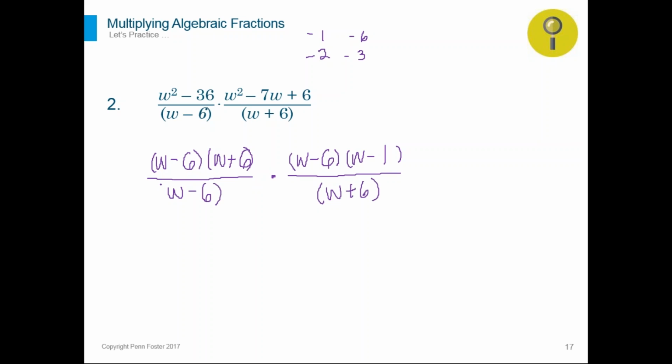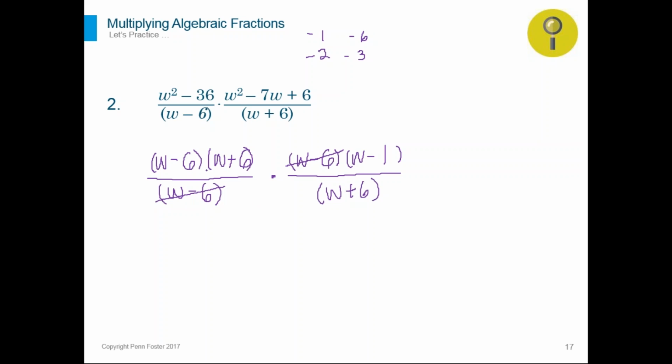Now let's reduce. This is the cancellation method. I'm going to try to make it easier for me to multiply, so I'm going to cancel out things that are identical. I can cancel this W minus 6 with this W minus 6, as long as you're canceling a factor from the top with a factor from the bottom.